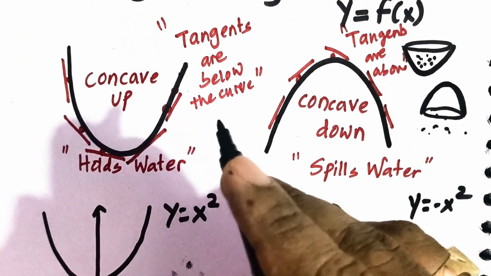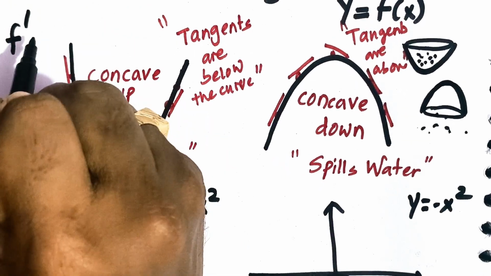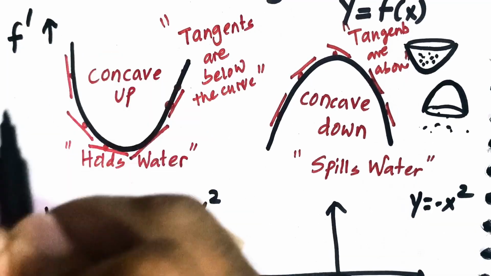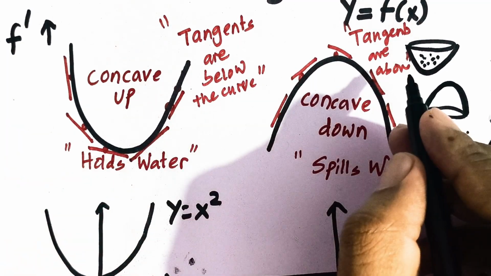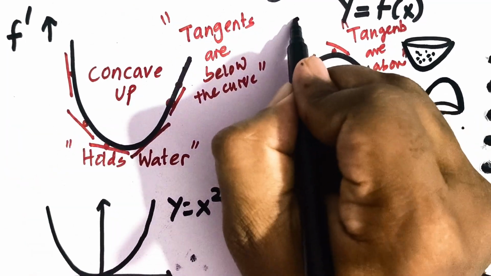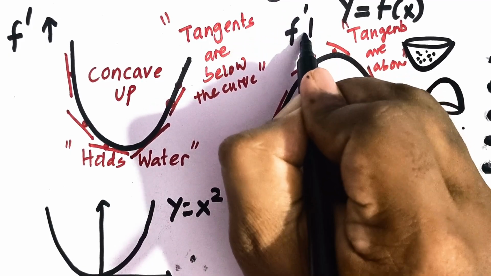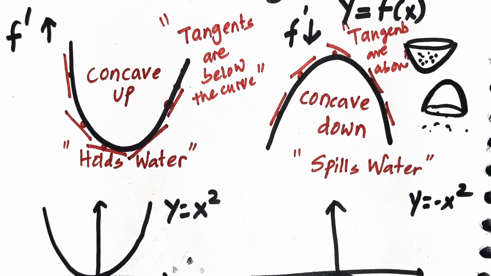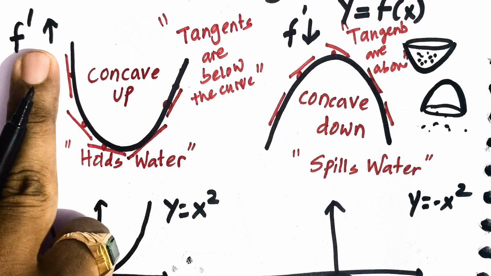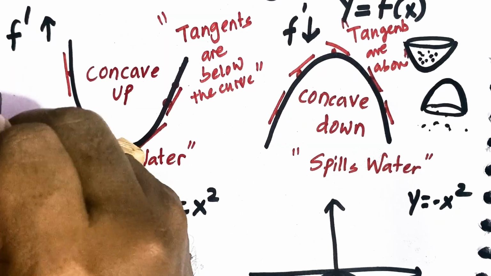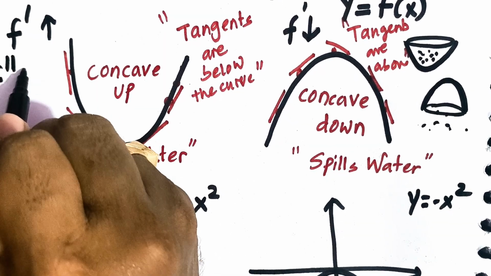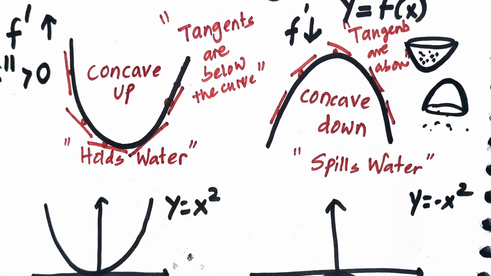When tangents are below the curve, the derivative of f is increasing, and when the tangents are above the curve, we say the derivative of the curve is decreasing. When the derivative is increasing, f dash is increasing. What about f double dash? Double dash is positive.